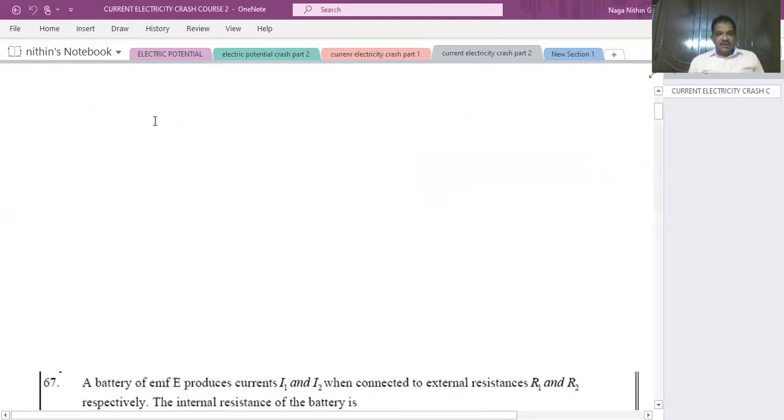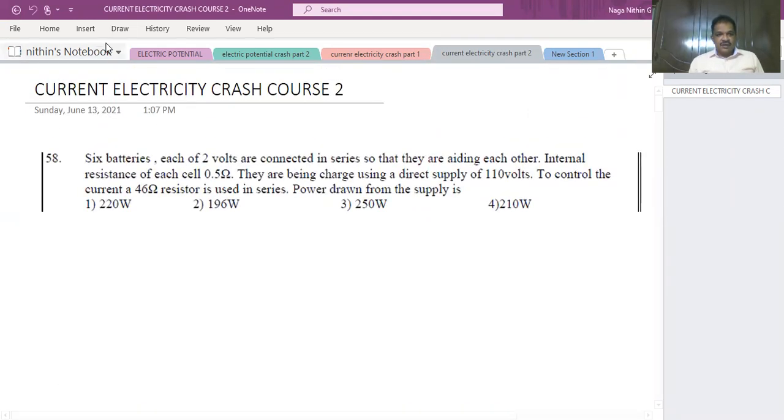So what they are asking: 6 batteries are there. Each battery is supporting the others, connected like that.